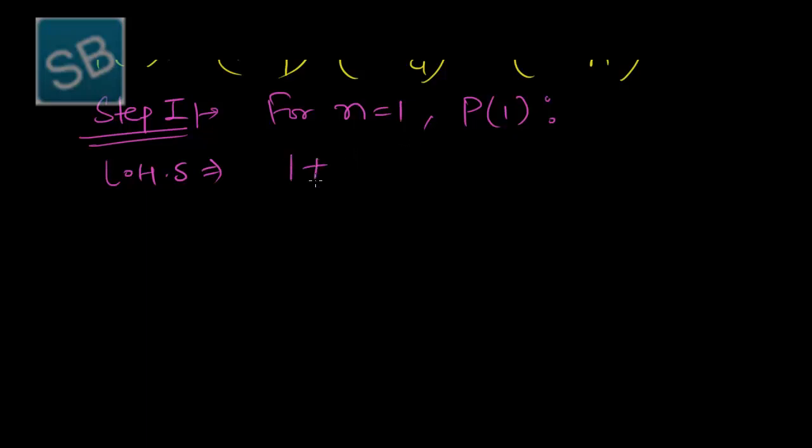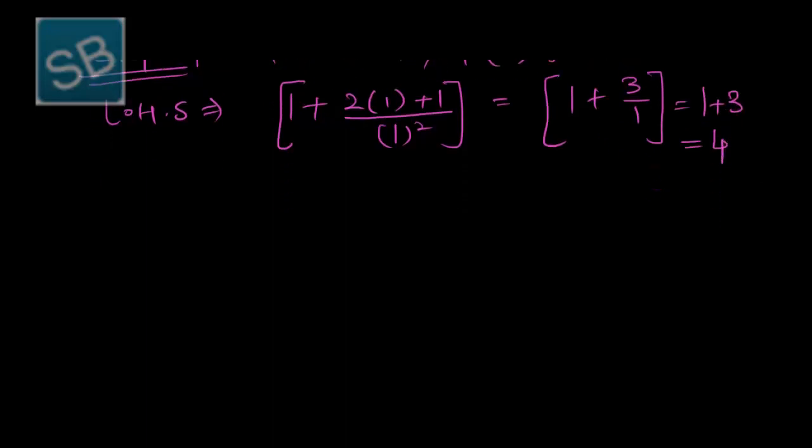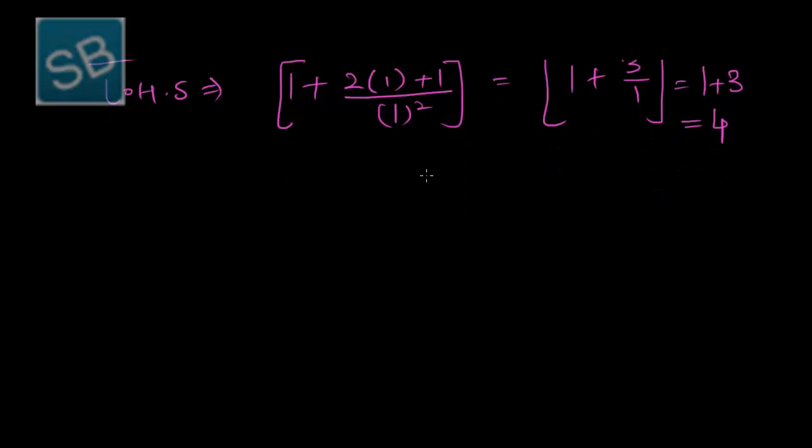Then we get 1 + (2·1+1)/1², that is 1 + 3/1, that is 1 + 3, which gives 4. So by substituting n equal to 1 in the left hand side, we get 4.